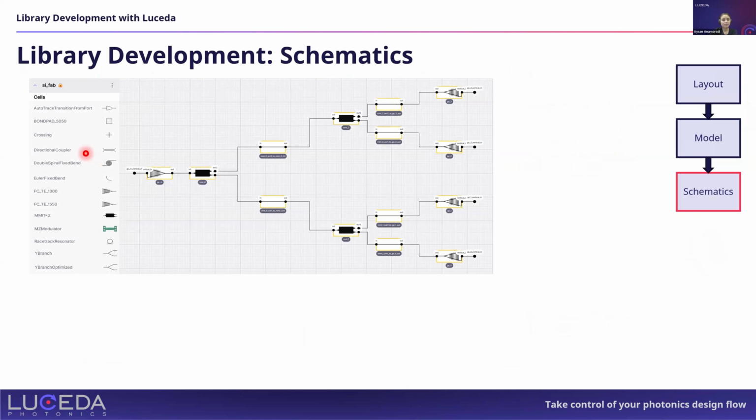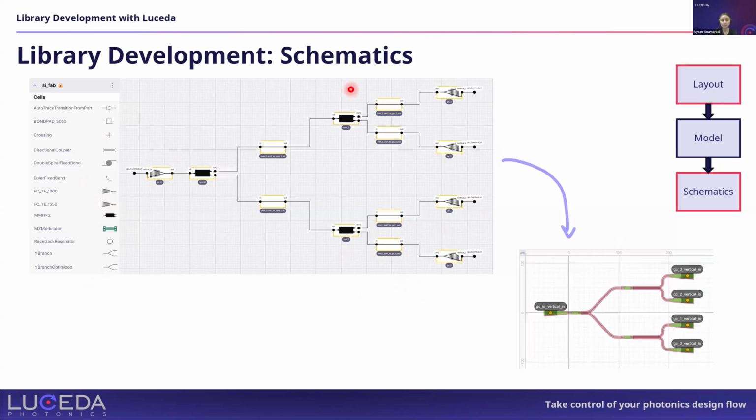Then the library developers can also assign a schematic view to their P cells or parametric cells or components. And this will help the designers, like their customers, to design schematics using the components, and also then generate the layout from the schematic using Luceda platform.